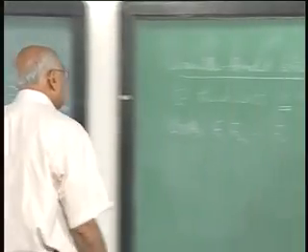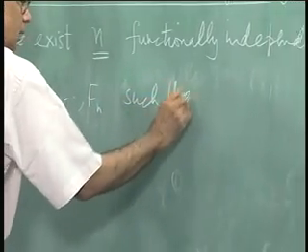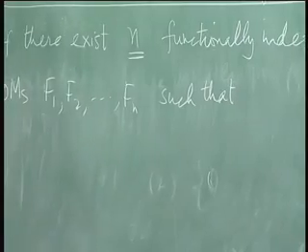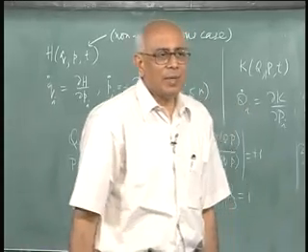So if there are n functionally independent constants such that there are other conditions one puts on it, namely they must be nice functions, they must be differentiable, twice differentiable and so on. We will keep that in reserve.